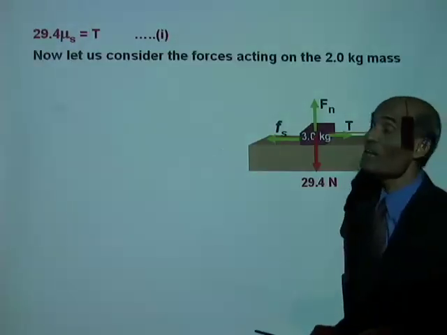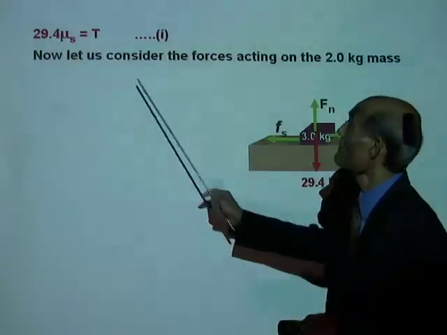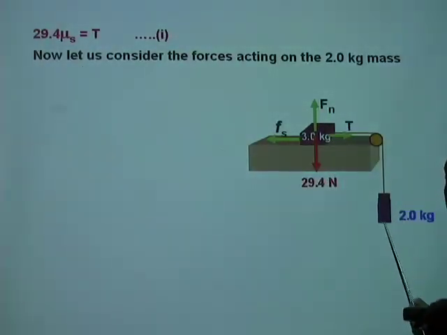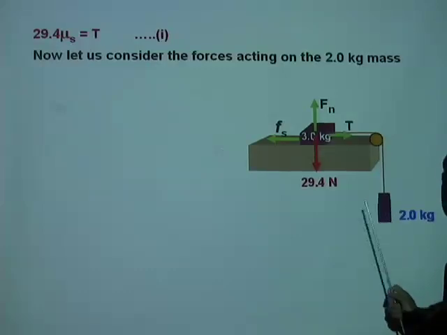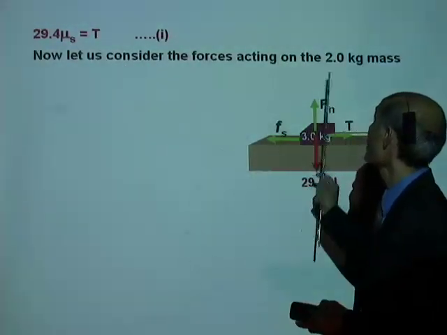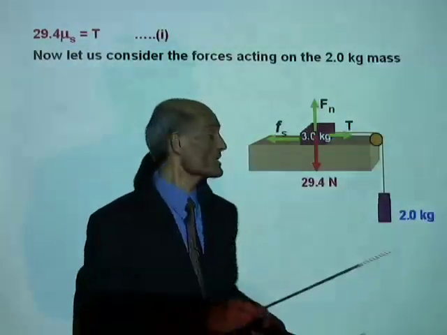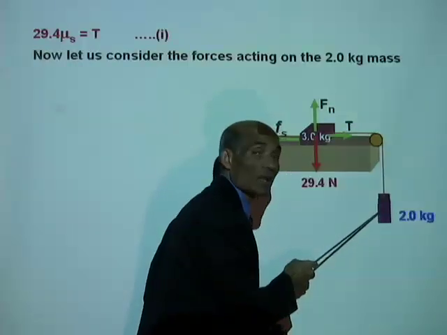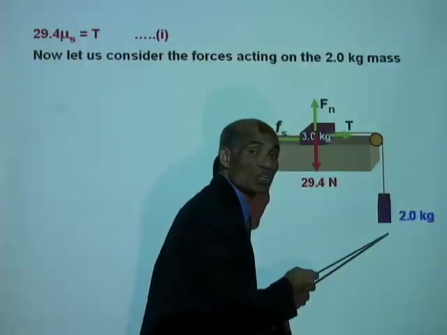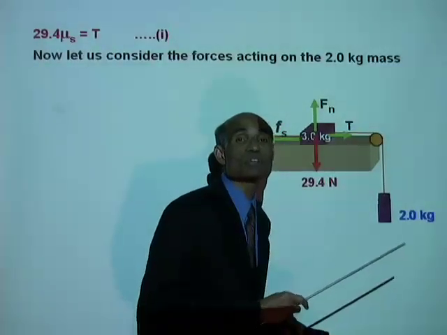Well, we need another equation to solve that. Where are we going to get that equation from? Well, that equation is going to be obtained by considering the forces on the 2 kilogram. Let's now consider the forces acting on the 2 kilogram mass. Can you tell me what those forces are? Well, the weight of the 2 kilogram will be acting vertically down, and the tension will be acting vertically up.